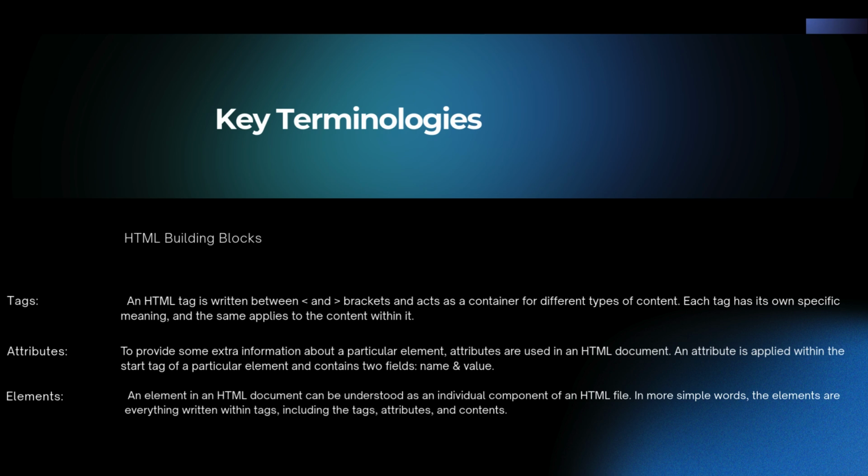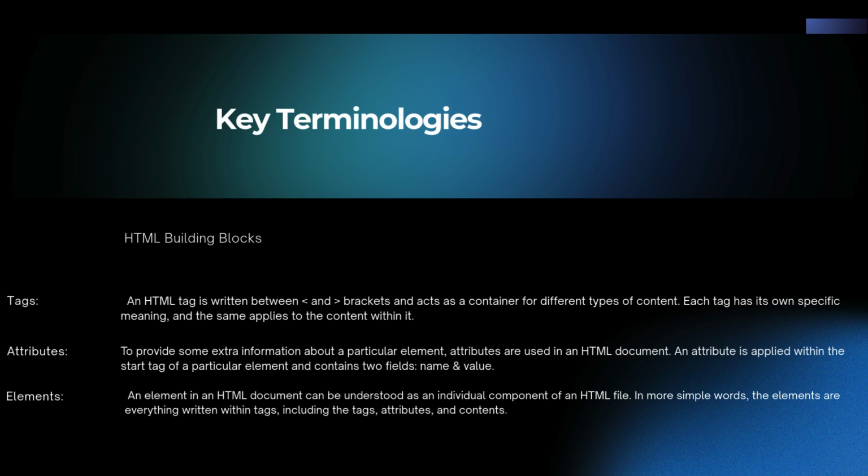What's a tag? An HTML tag is normally written between angle brackets, the left and the right, and it acts as a container for different types of content. Each tag has its own specific meaning, and the same applies to the content within it. We're going to look at this more.